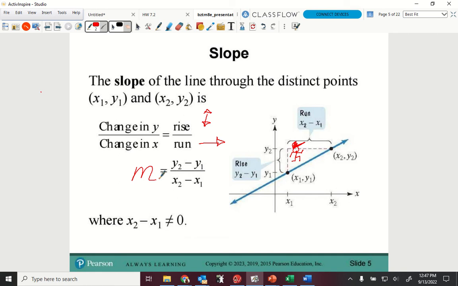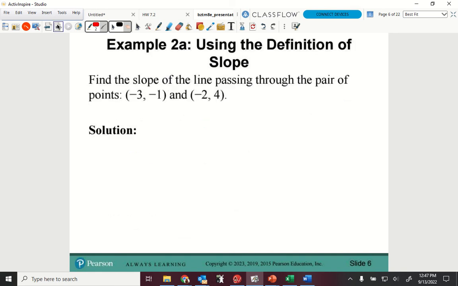All right, now I'm going to go on to the next one so we can actually apply this. Right now it's just a whole bunch of words. Now, I am going to label these, and I highly recommend you label them also. So this is my first point, x1, y1.